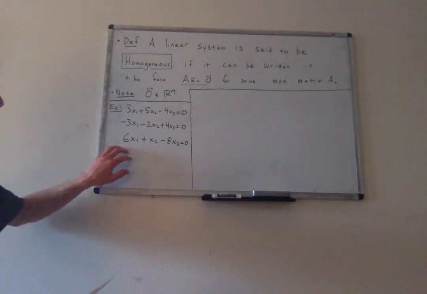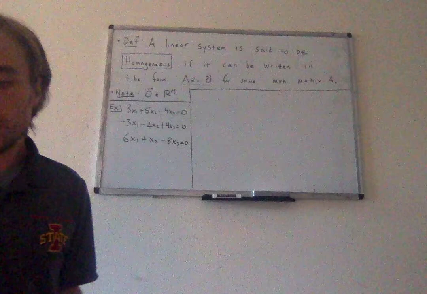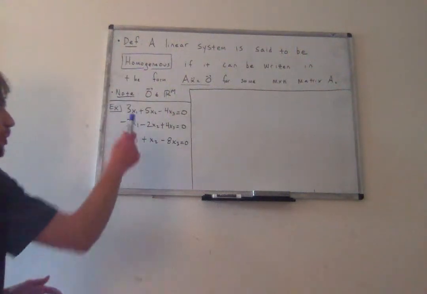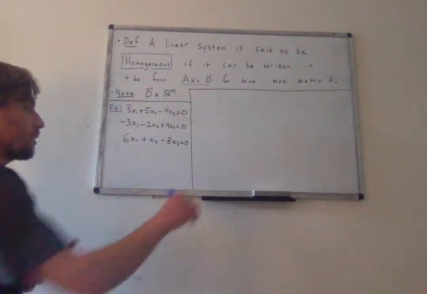I've actually got an example of what a homogeneous system of equations looks like here. Notice this is just 3 equations, and we're setting each one equal to 0.